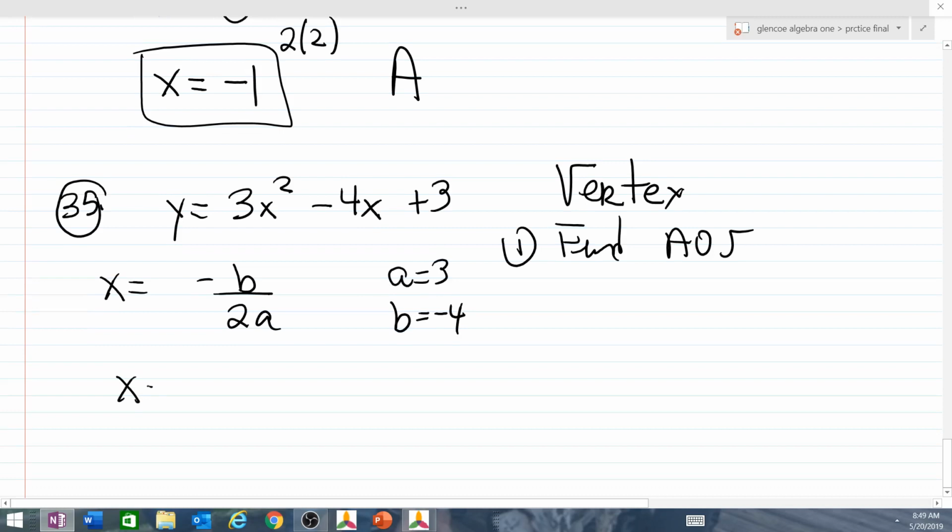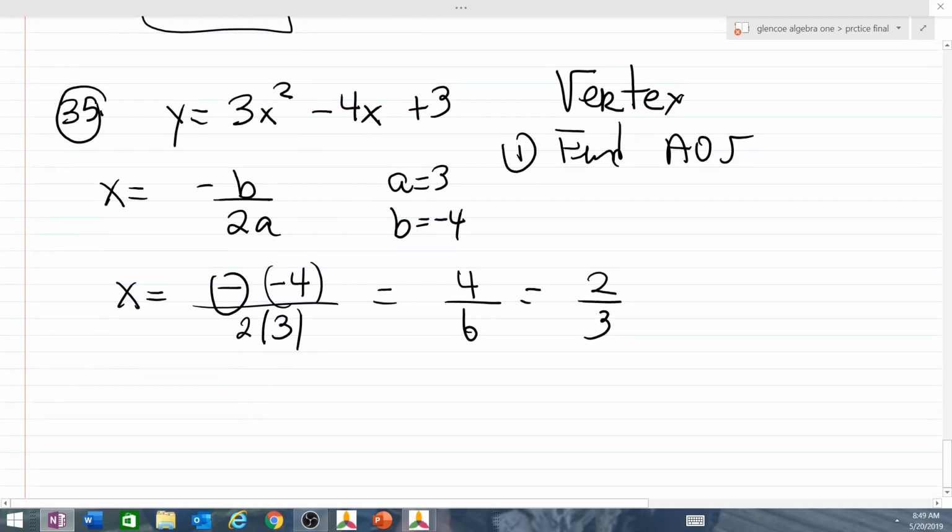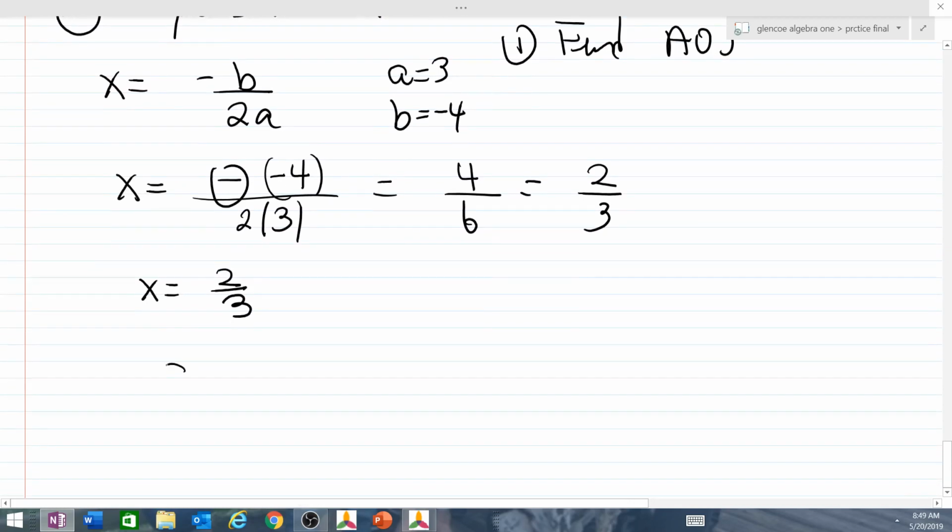So this would be x equals 4 over 6. So the x coordinate is 2/3. Basically, I'm done now. So those of you that are looking online, let me just give you the 4 choices.